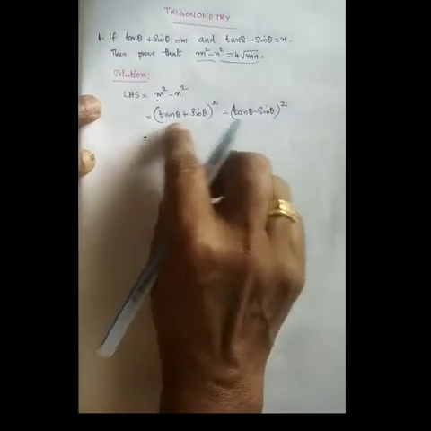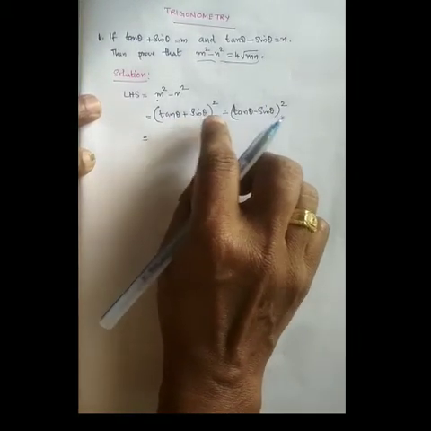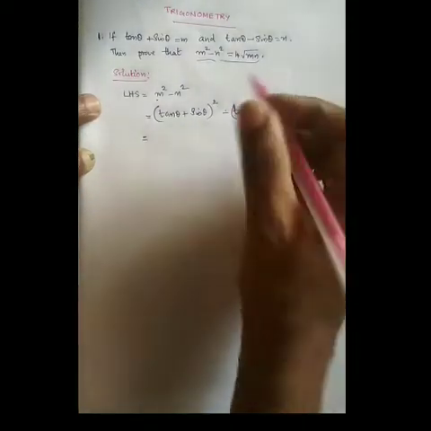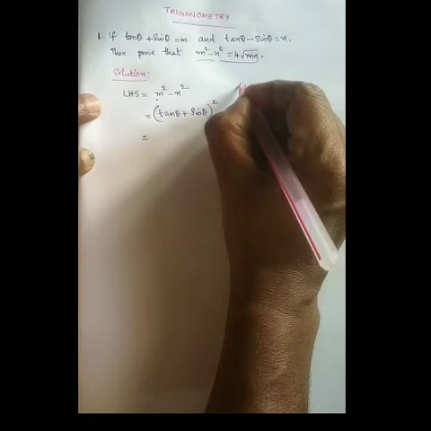Here the first term is of the form tan theta plus sin theta the whole square, that is of the form a plus b the whole square. We know that a plus b the whole square is a square plus 2ab plus b square.